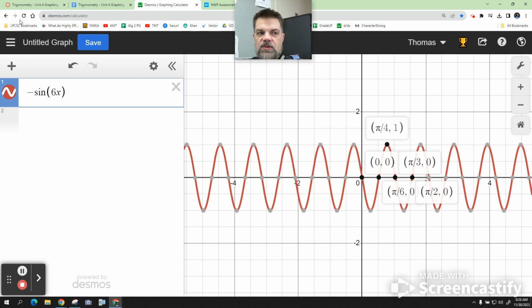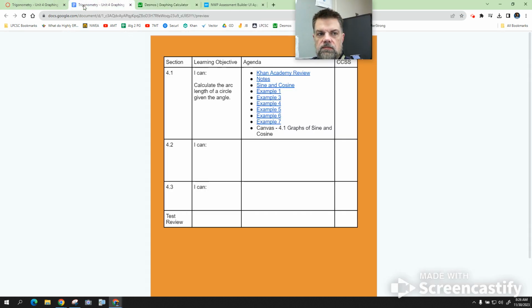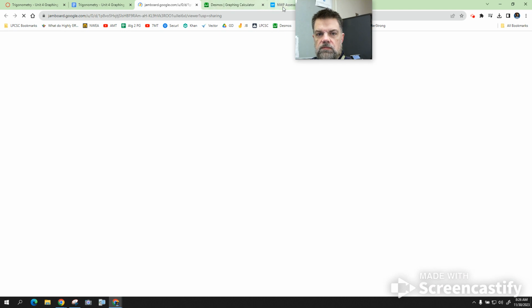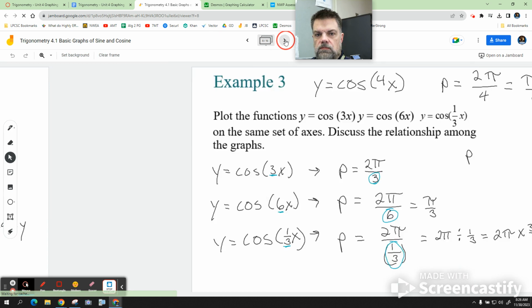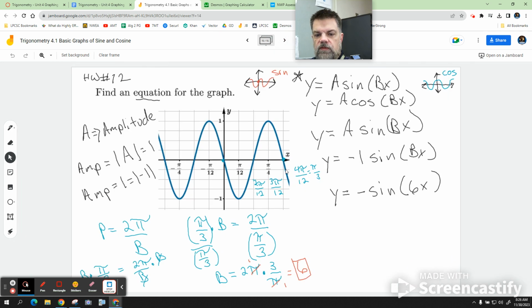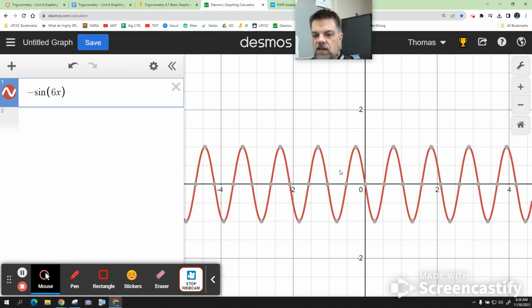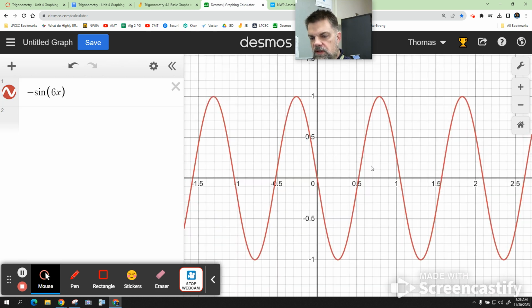Wow, let me back up. That's way too many graphs. Let me just take a screenshot. What does that go to? One full period, which is pi over 3. So we're just going to do 1 period to the left, 1 period to the right. So I'm going to zoom in to 1 period.